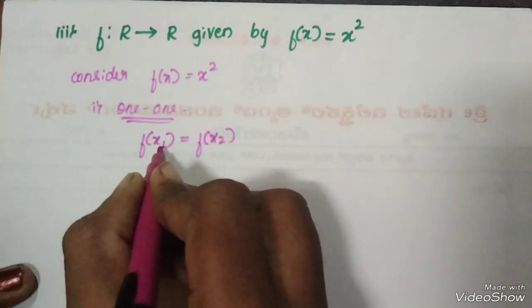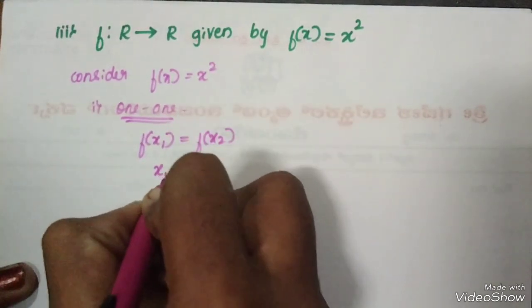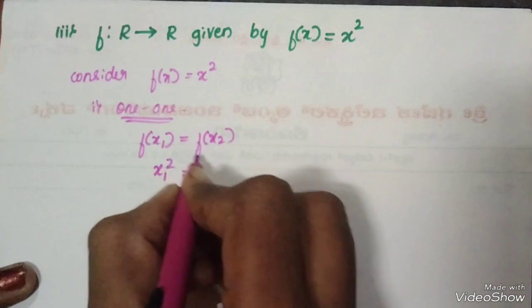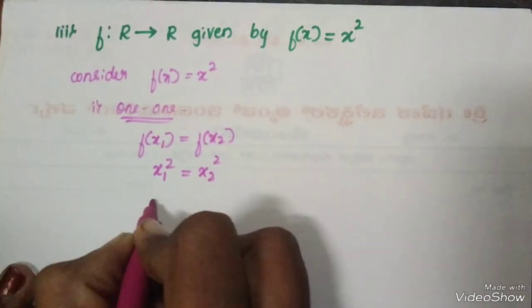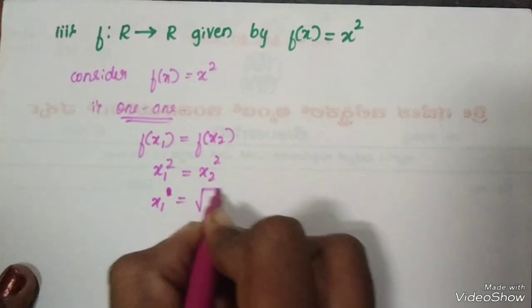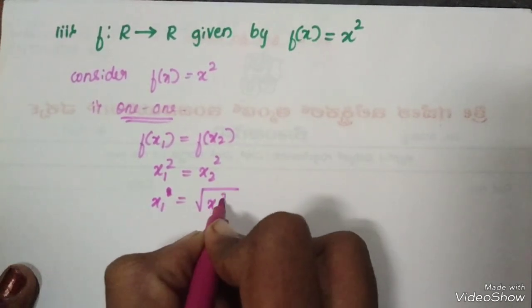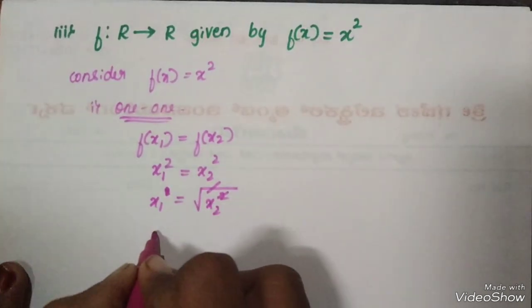Here, substituting x1 for x, we get x1 square. Again substituting x2, we get x2 square. So x1 square equals x2 square, and the square root and square get cancelled.